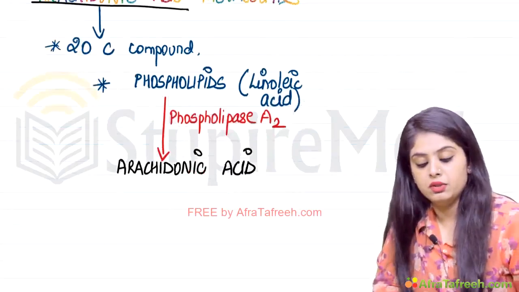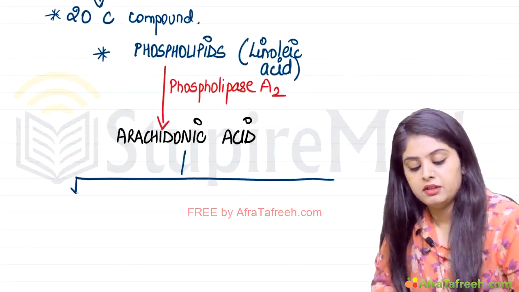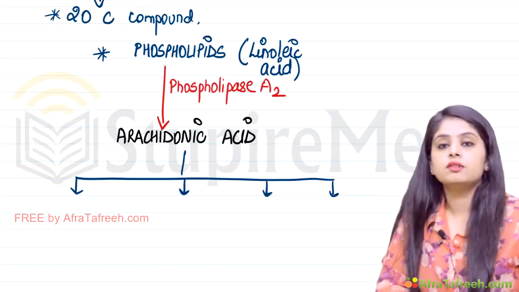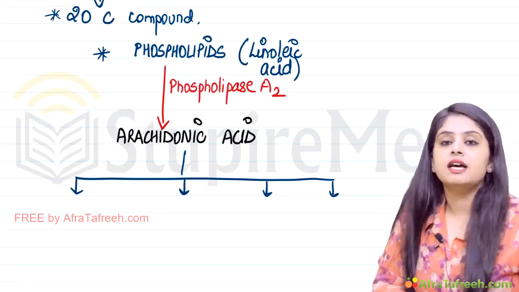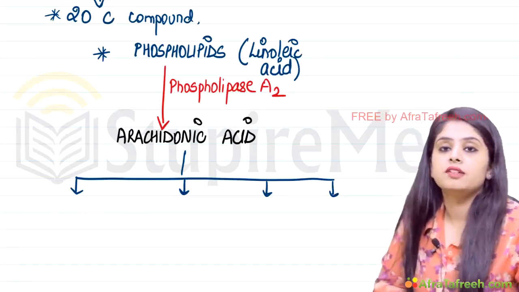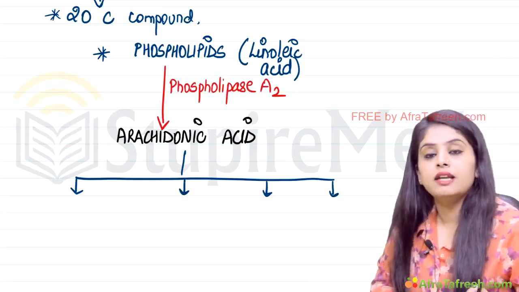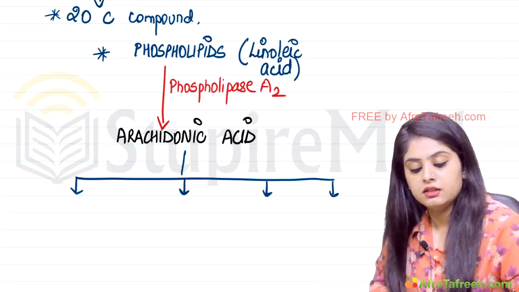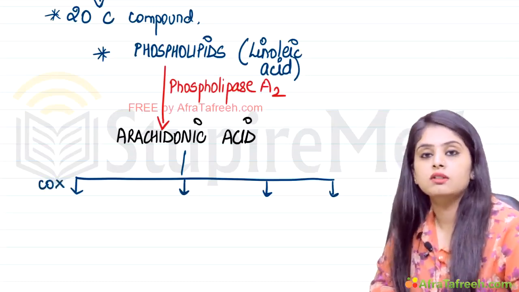Next, what we need to know, this arachidonic acid can then take up multiple pathways. Now students, usually most books just mention 2 pathways, but actually arachidonic acid can undergo 4 pathways, and these rarer pathways are now becoming potential questions for the future exams. So arachidonic acid can either take the pathway where it is going to be acted upon by enzyme COX.